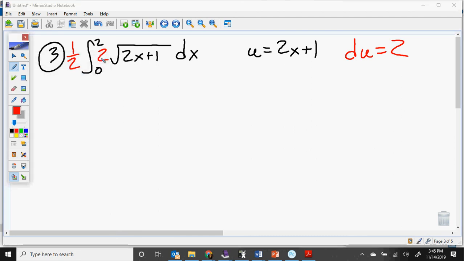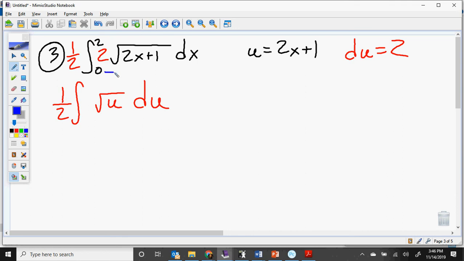Now, at this point, look at your answer choices and you'll realize they don't even want you to find the integral. All they want you to do is set up the u substitution. So I'm going to say 1/2 integral, and then this is going to be the square root of u du, and then I need to see, well, what are my values going to be?